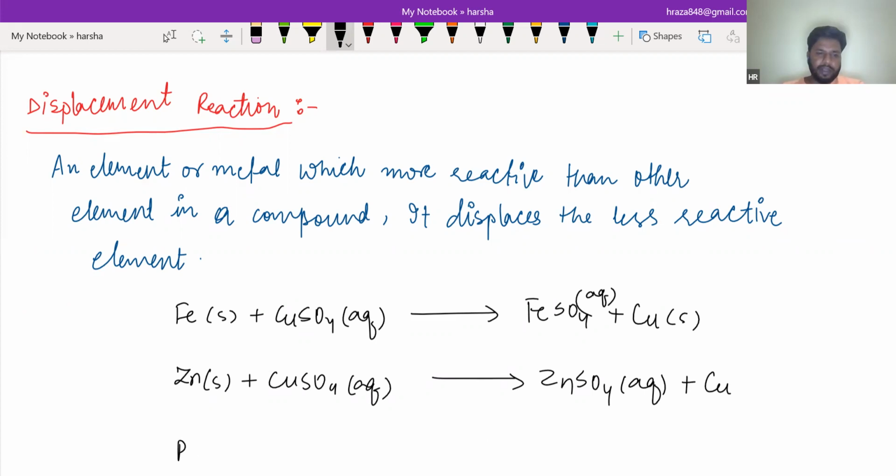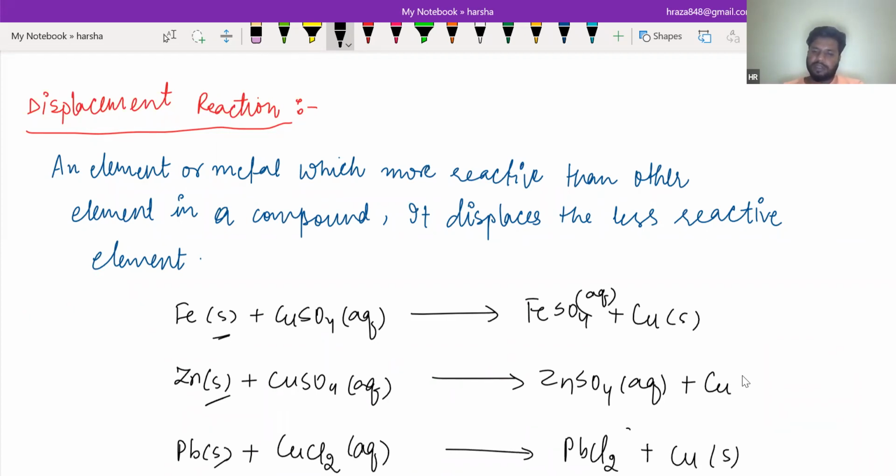Another example we can take is Pb, lead, in solid state. This shows the physical state. If you keep lead in CuCl2 aqueous solution, it will displace copper and form PbCl2 plus Cu.